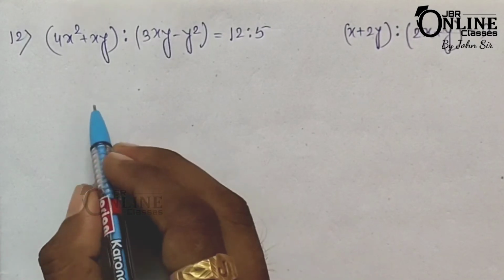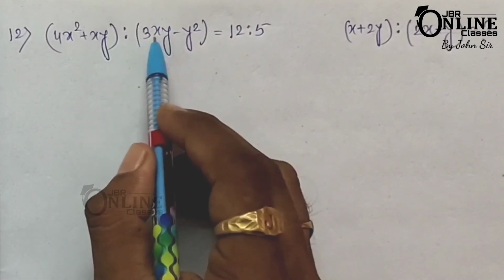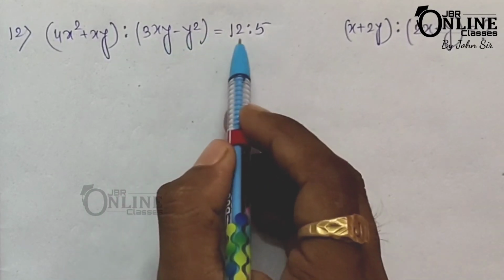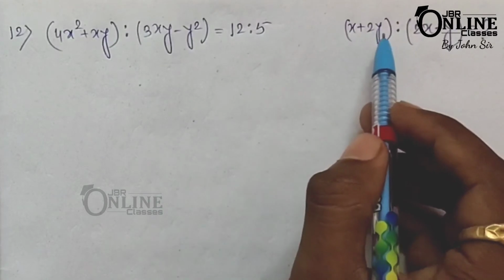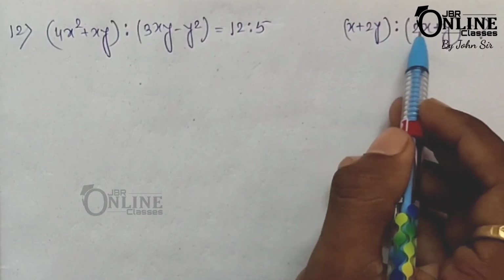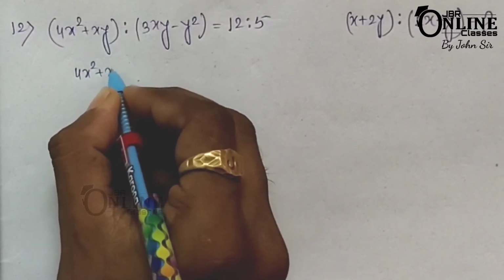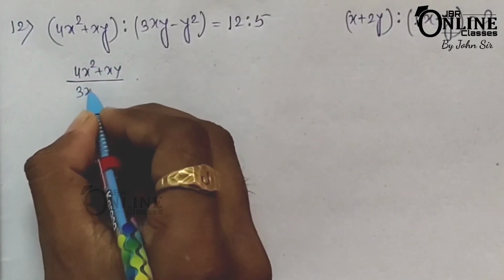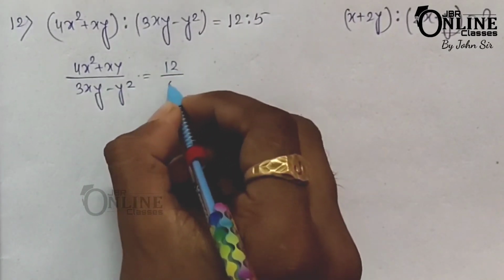Okay, now sum number 12. In sum number 12, (4x square plus xy) is to (3xy minus y square) equals 12 is to 5. Now you have to find out the value of (x plus 2y) is to (2x plus y). So first write down 4x square plus xy divided by 3xy minus y square equals 12 by 5.